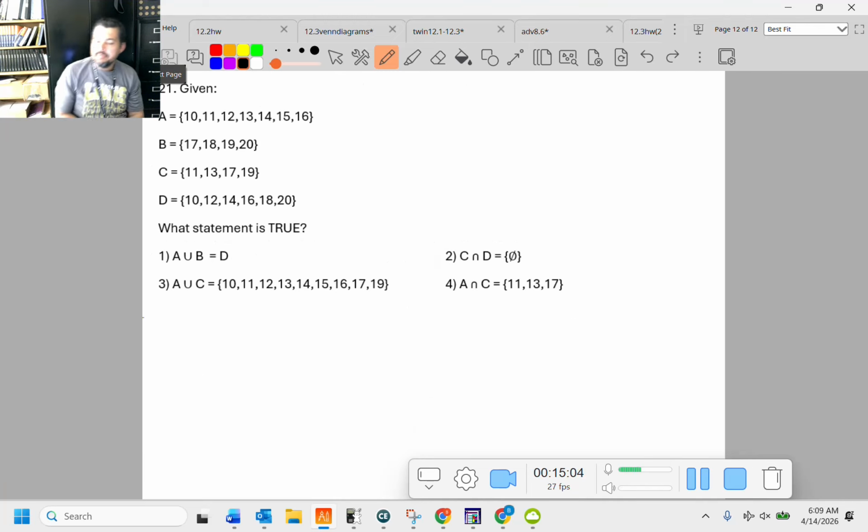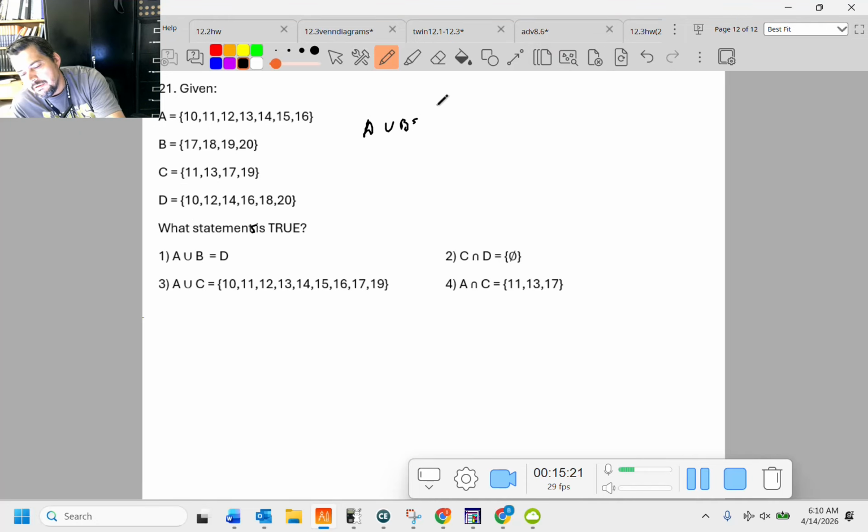And the last one, it's actually which statements is true. I gave you full credit if you got one or the other. All right, so is this statement true? The union of A and B is D. If I take A and union it with B, I would have a 10 all the way to a 16.